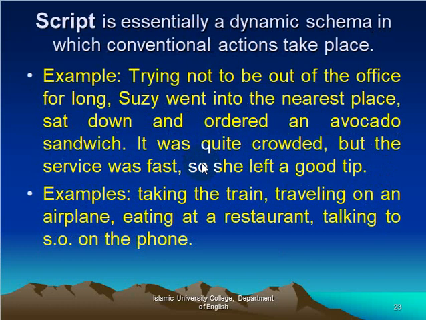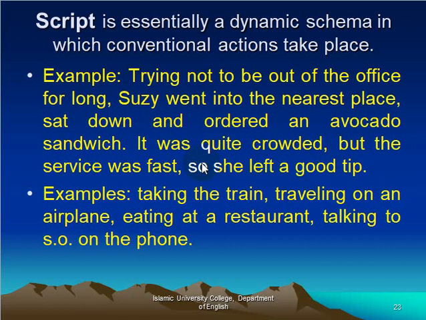Sometimes there is what's called a script. It is essentially a dynamic schema in which conventional actions take place. For example: trying not to be out of the office for long, Susie went into the nearest place, sat down, and ordered an avocado sandwich. It was quite crowded, but the service was fast, so she left a good tip.